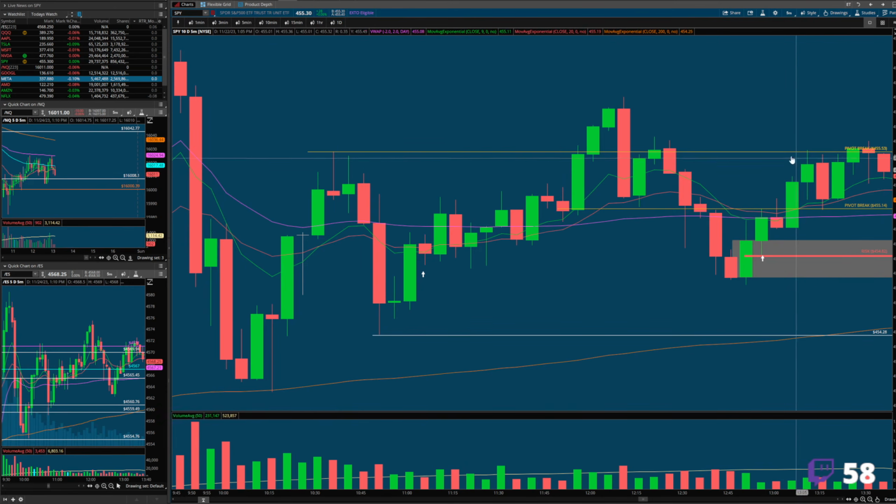And look at that, scaling around. This was that key pivot break from earlier. You know sellers were present because they dumped it. I mean, you took it from 454.9, and that's not a huge push up, but you're not taking a loss on a choppy day where EMAs are not respected and you're just trading price, candle by candle.